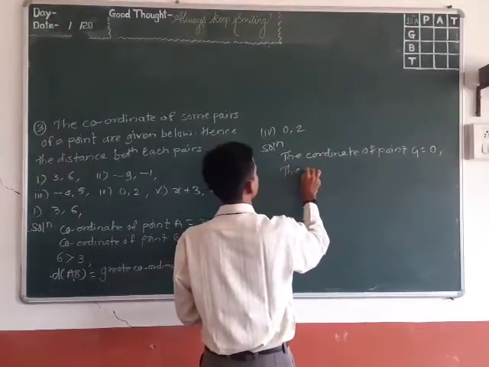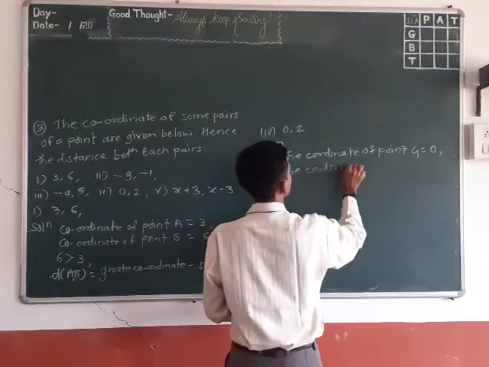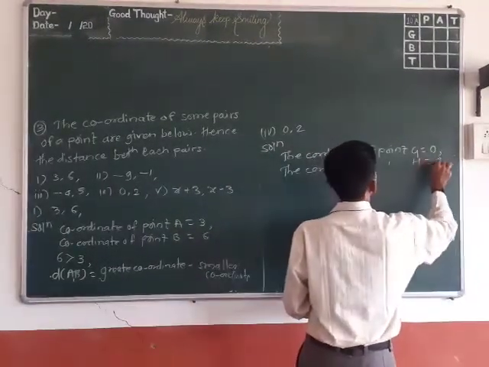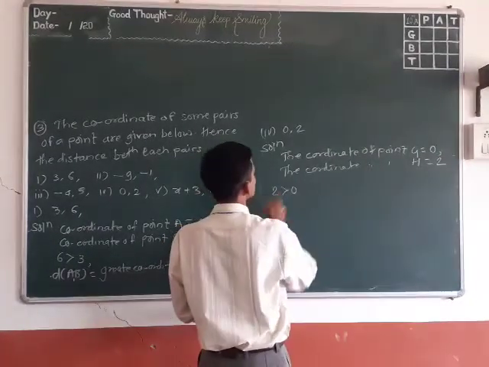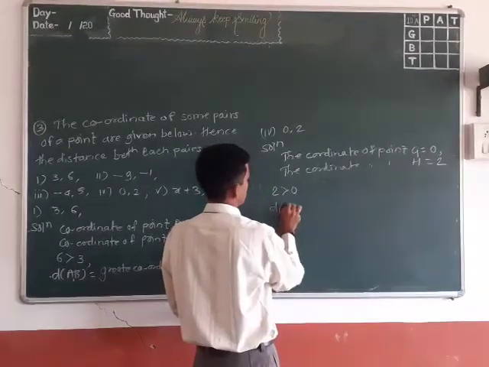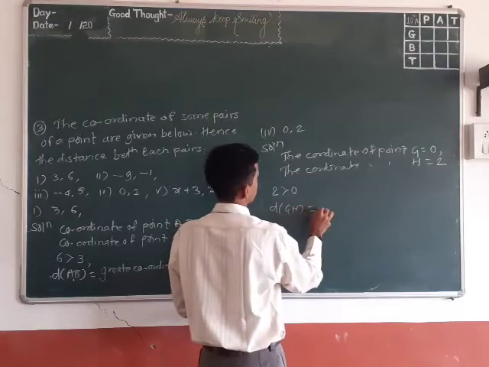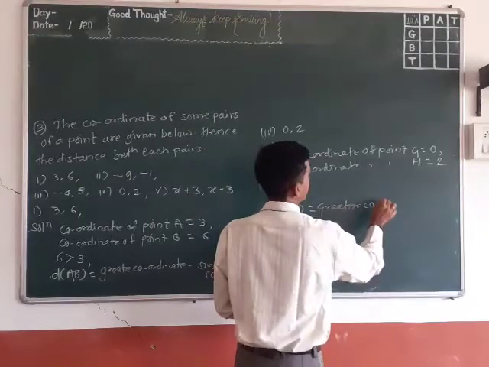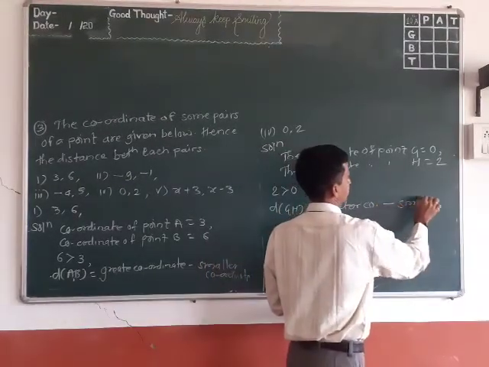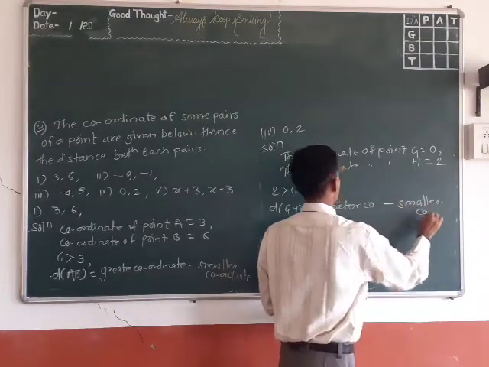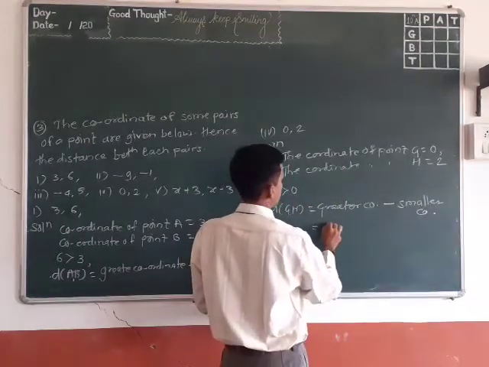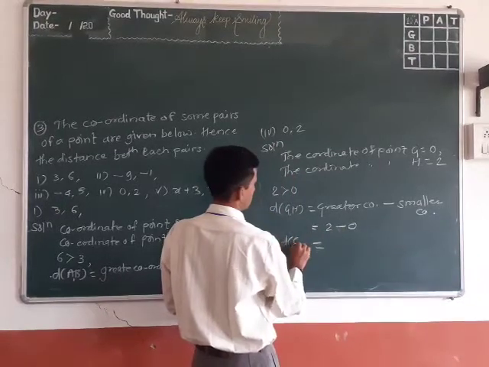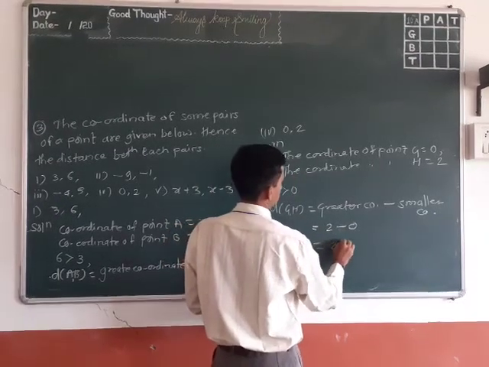The coordinate of point H is equal to 2. 2 is greater than 0. Distance GH is equal to greater coordinate minus smaller coordinate, which is 2 minus 0, equal to 2. Distance GH is equal to 2 units.